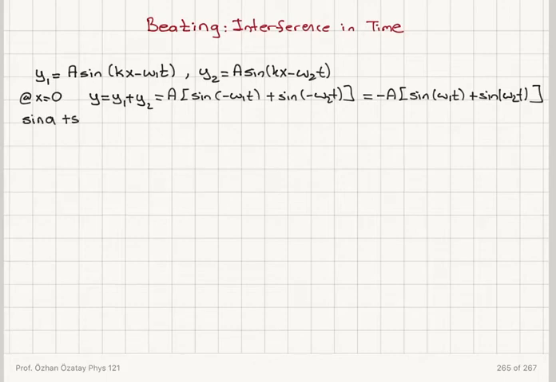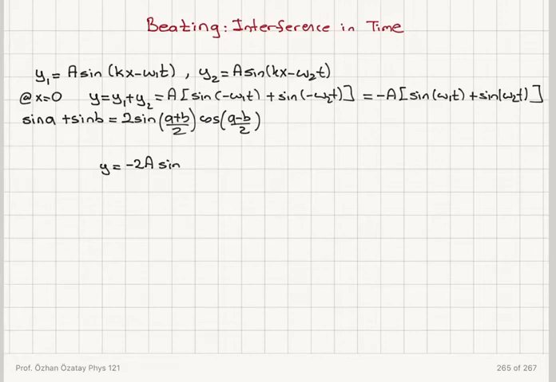Now, using the same trigonometric identity we have used before, sine a plus sine b is equal to 2 sine((a plus b) over 2) cosine((a minus b) over 2), I can write for the resultant wave function minus 2A sine((omega 1 plus omega 2) over 2 t) cosine((omega 1 minus omega 2) over 2 t).